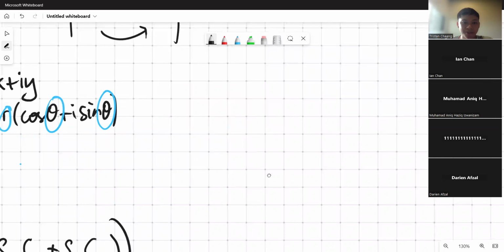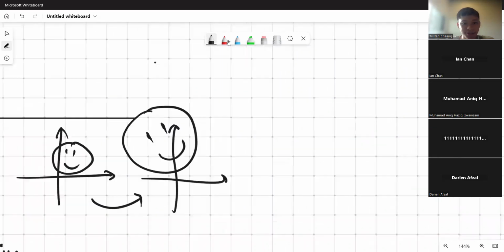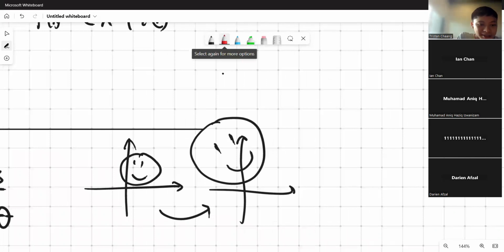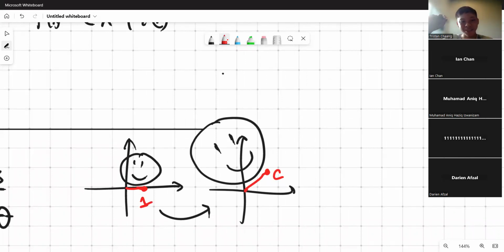So when you multiply by a fixed complex number C, what you're essentially doing is bringing 1 to that complex number C, and everything else just tilts according to this transformation, if that makes sense. Right?